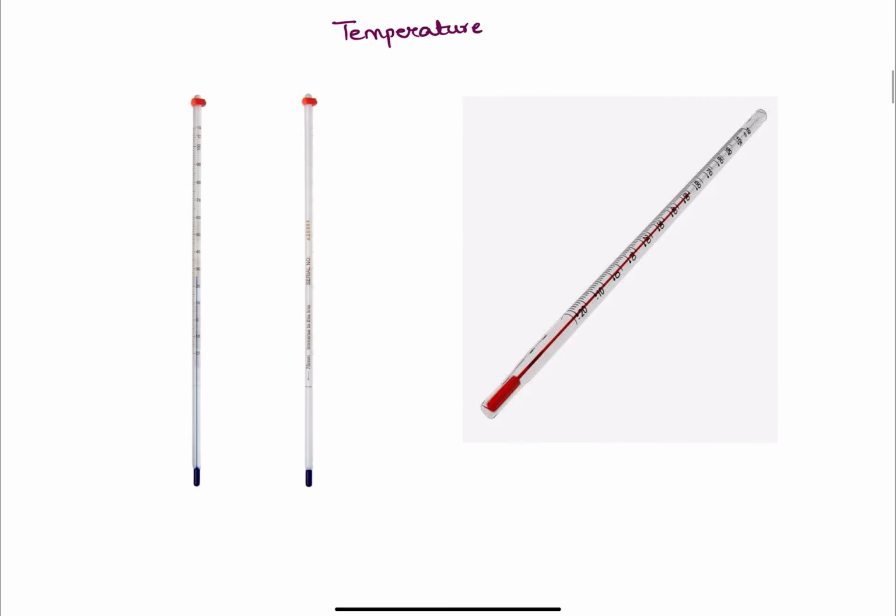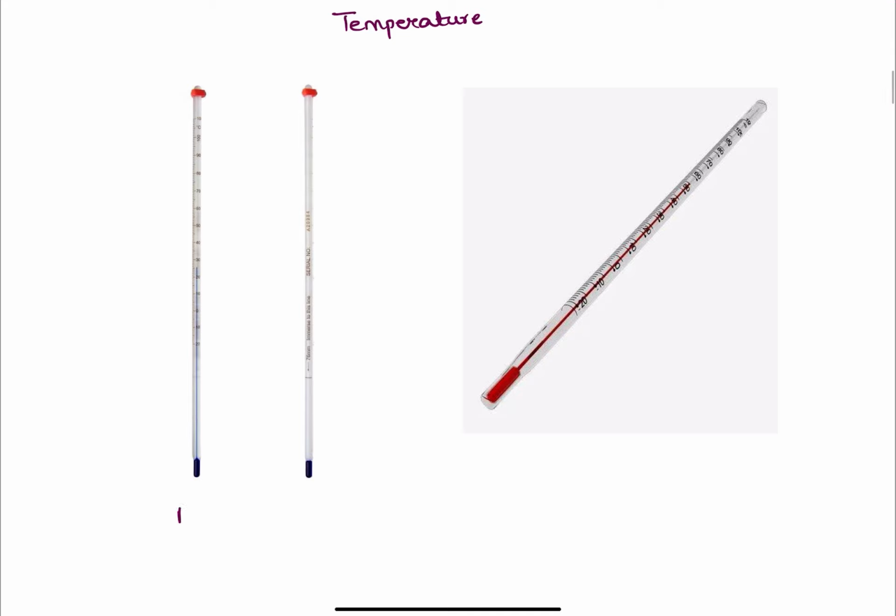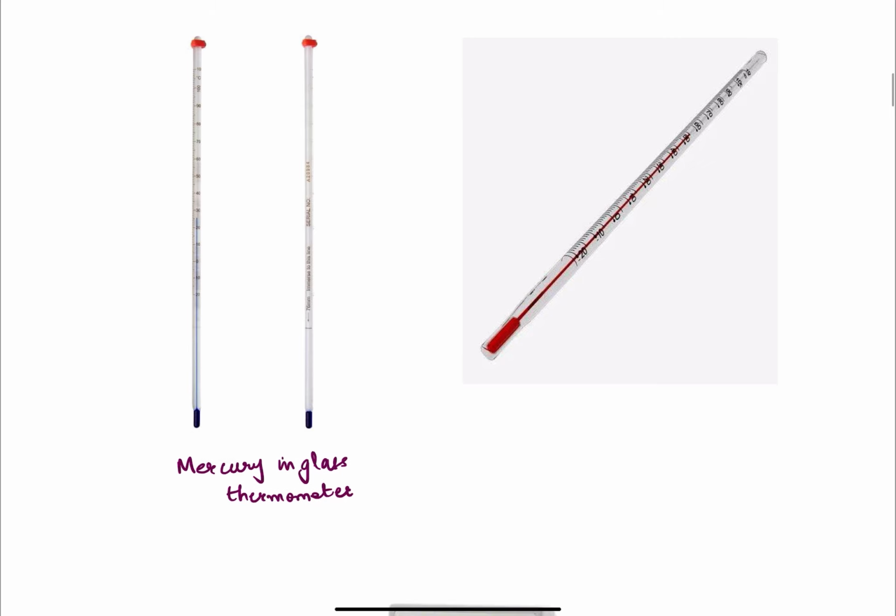For temperature, we have two types of thermometer. Here you can see a mercury in glass thermometer. And here you can see an alcohol in glass thermometer. Both of these thermometers can be used in the laboratory.